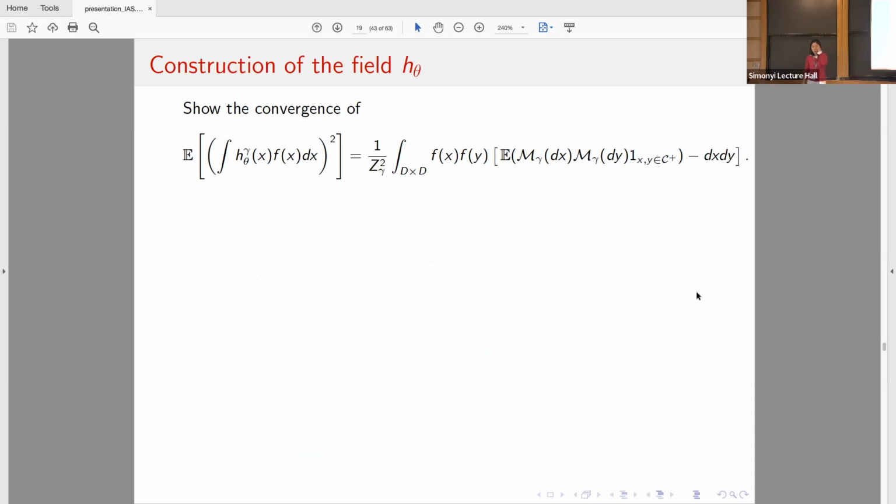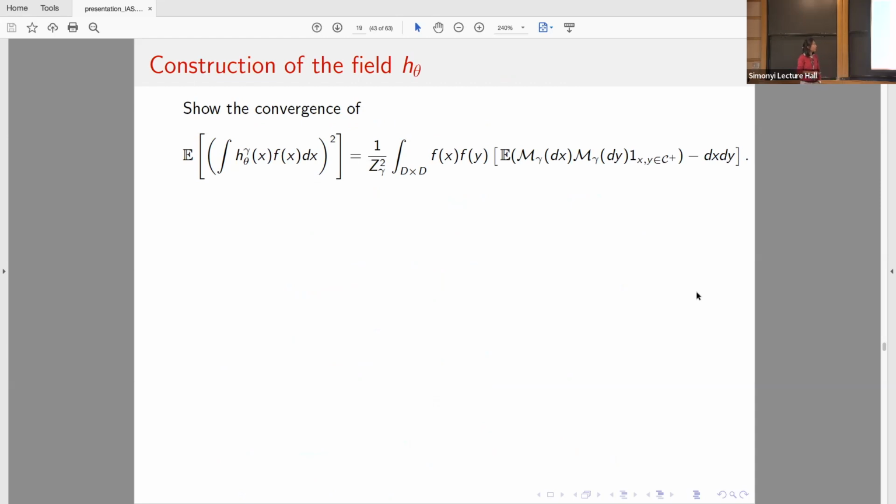Because we want to show that this field is the limit of some field h theta gamma that we have defined, and we want to take the limit as gamma goes to 0. So we would actually try to take the limit of the second moment of h theta gamma integrated with some test function f.